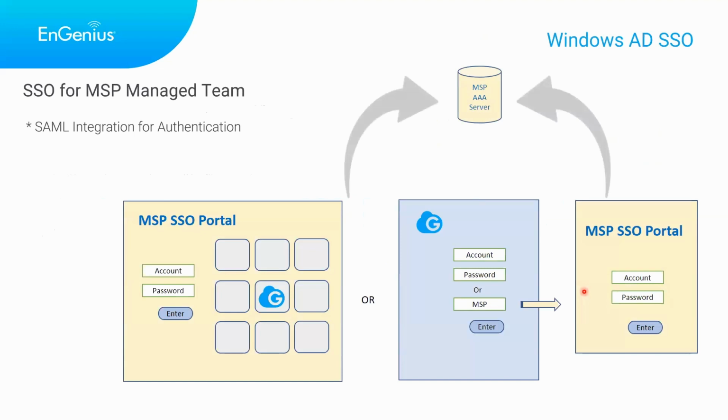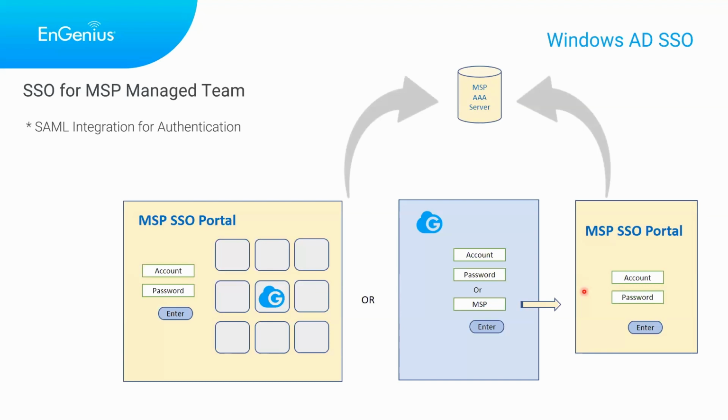But what if you already have your existing database, such as Windows Active Directory? All your members are there, all the policies are there. So when we roll out this update, you can just link your existing Windows Active Directory to EnGenius Cloud's MSP single sign-on portal. From there, they can use their existing credentials from your Windows AD server. So it'd be a lot easier.